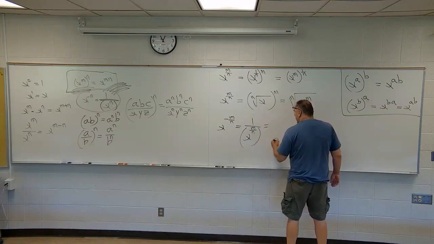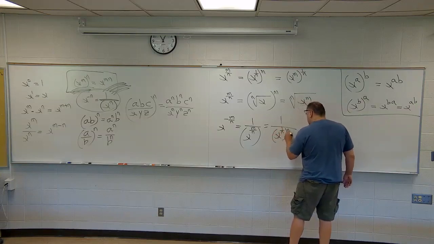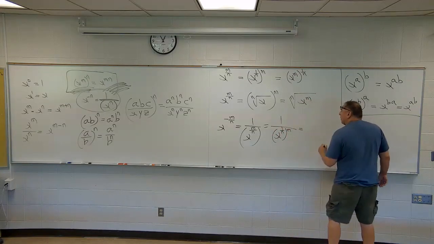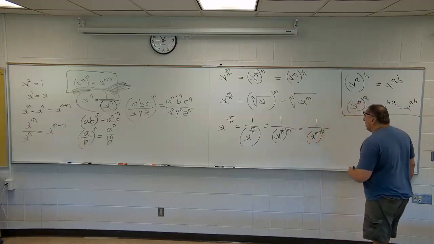Then what did we say? Well, what is the bottom? We said a lot of stuff. We could say at this point, this means x to the 1 over n, the whole thing to the m. The other one is 1 over x to the m to the 1 over n.